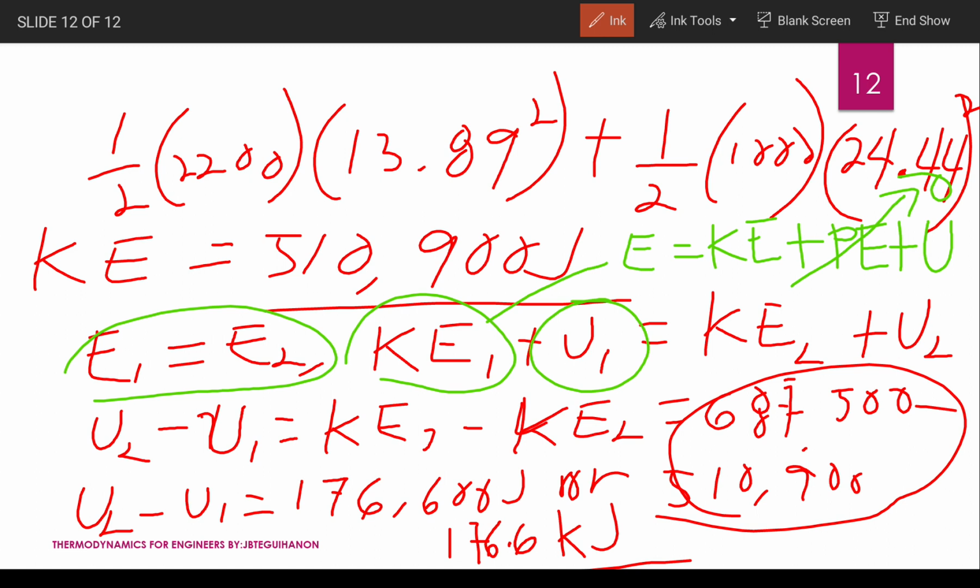That's why in here our energy is equal to kinetic energy plus internal energy. So you have two types of energy: the energy before the collision, which is E1, and the energy after collision, which is E2.